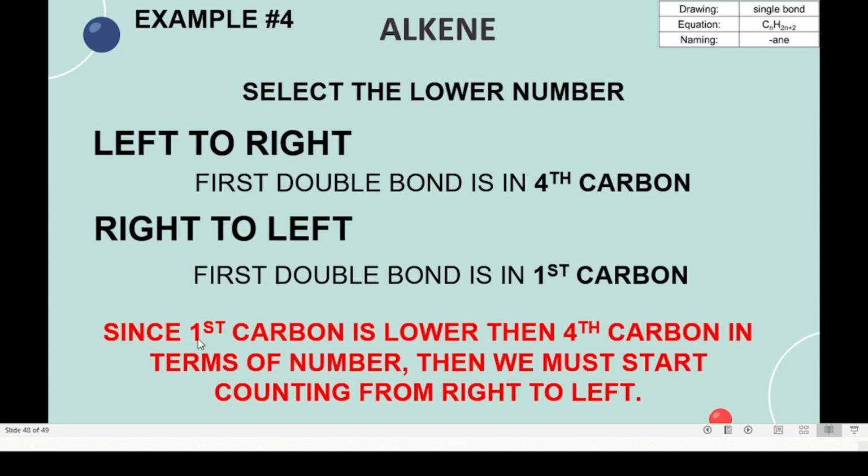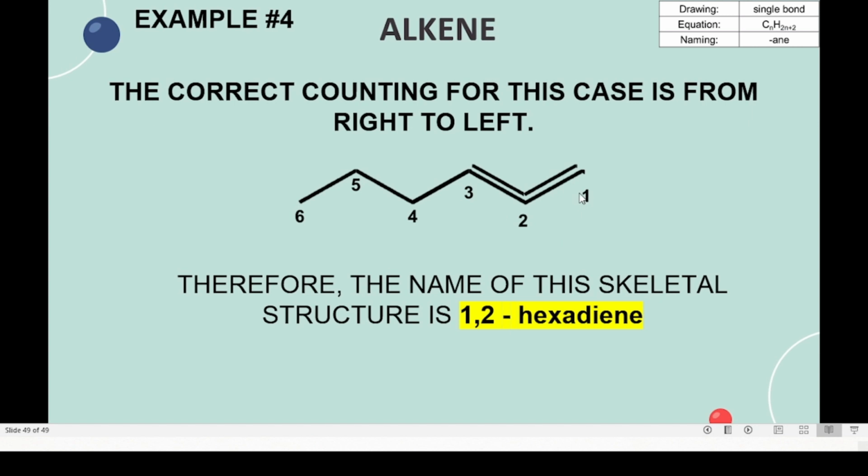Since the first carbon is lower than the fourth carbon in terms of number, we must start counting from right to left. So this is the numbering. The correct counting for this case is from right to left. 1, 2, 3, 4, 5, 6.